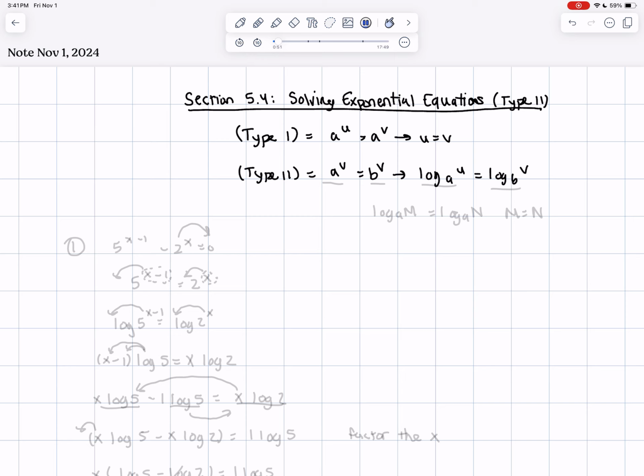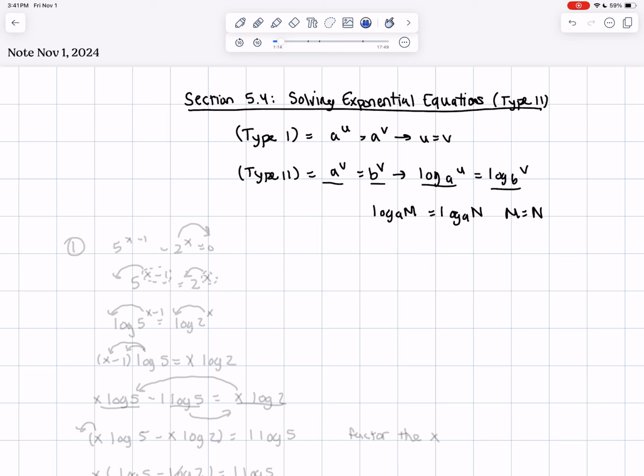Or, like your book states, log base a of m equals log base a of n, so m equals n. But I'm just showing you the exponential and how it translates into that form, because we have exponential functions here, or exponential equations.